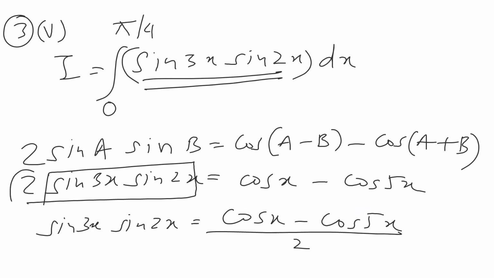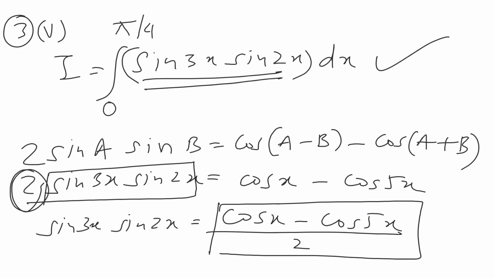We have to eliminate this 2, because the problem does not have any 2. So in the main question, I'll replace sin 3x sin 2x with cos x minus cos 5x by 2.